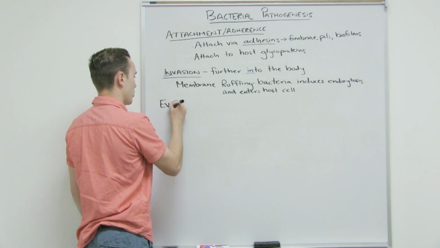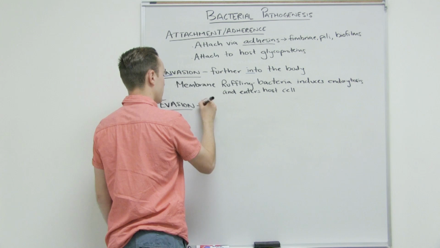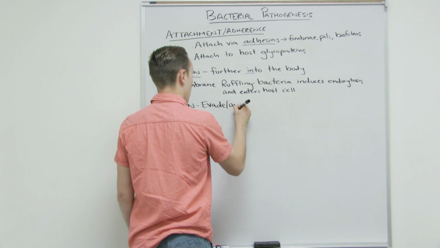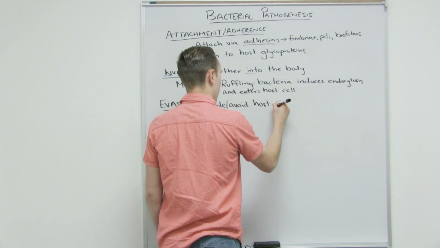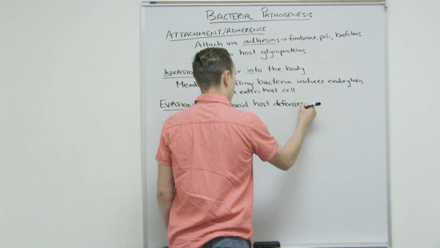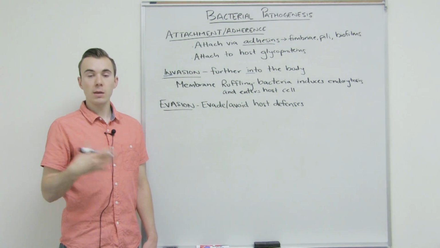Then we have evasion. So you're evading, or in other words, avoiding the immune system or host defenses. Host defenses, such as the immune system, are going to try to eliminate microbes.